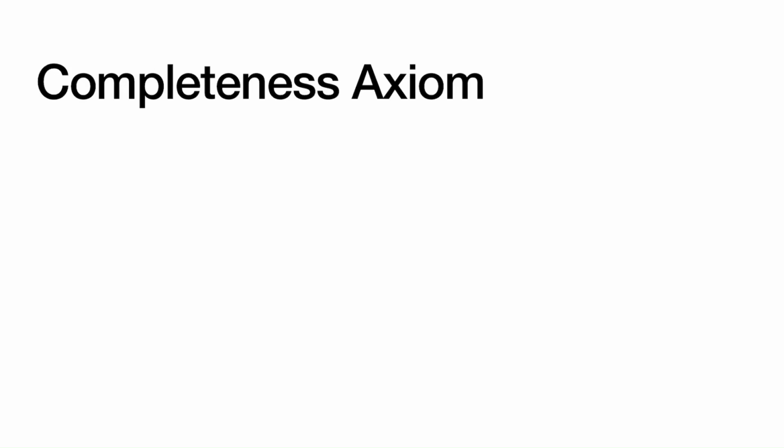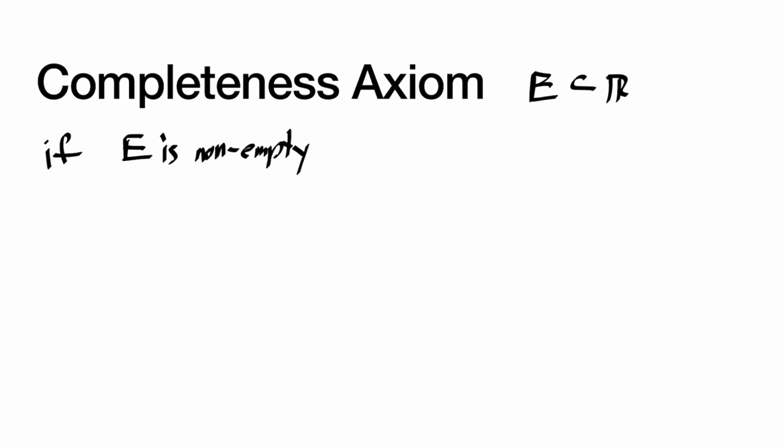If E is a set of real numbers, so E is a subset of the real numbers, and two things are true. If E is non-empty, so usually we always have to write this at the beginning of a statement because there's not a lot interesting about the empty set.